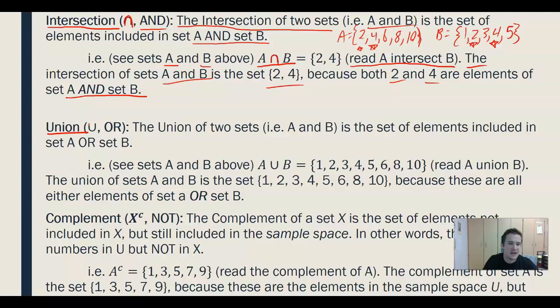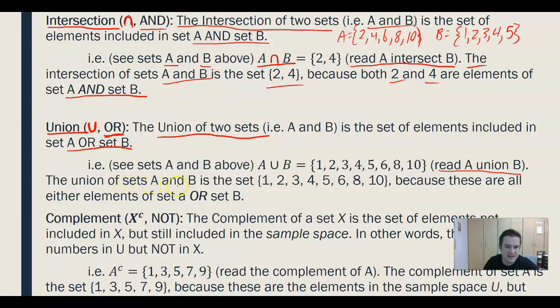A union, and I denote that with a U, that's convenient, we usually read "or." The union of two sets, for example, A and B, we'll use these same sets up here again. The union of two sets is the set of elements included in set A or set B, either/or. So, using sets A and B, if I read A union B, with this little U here, it is the set containing 1, 2, 3, 4, 5, 6, 8, and 10.